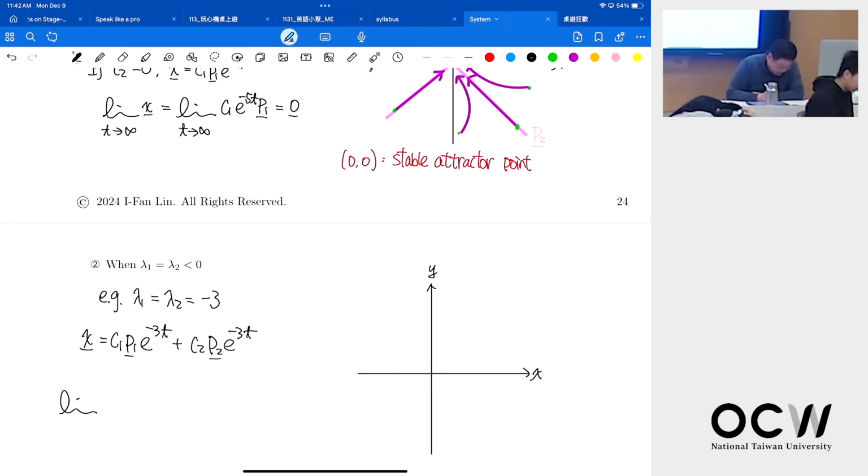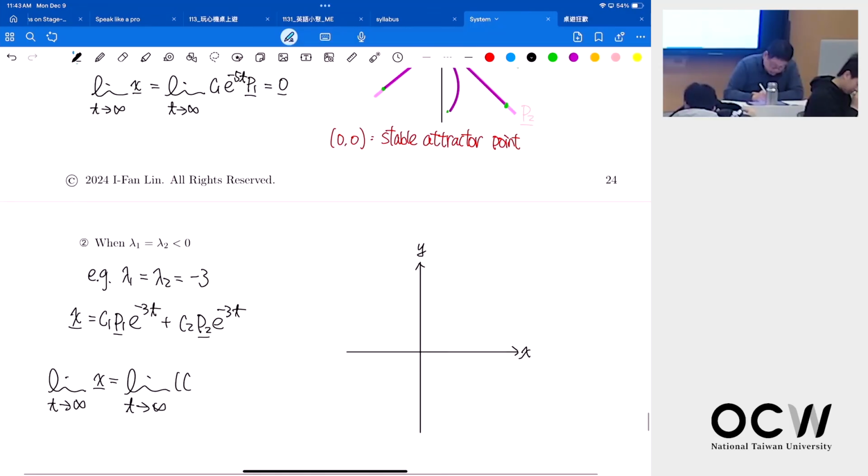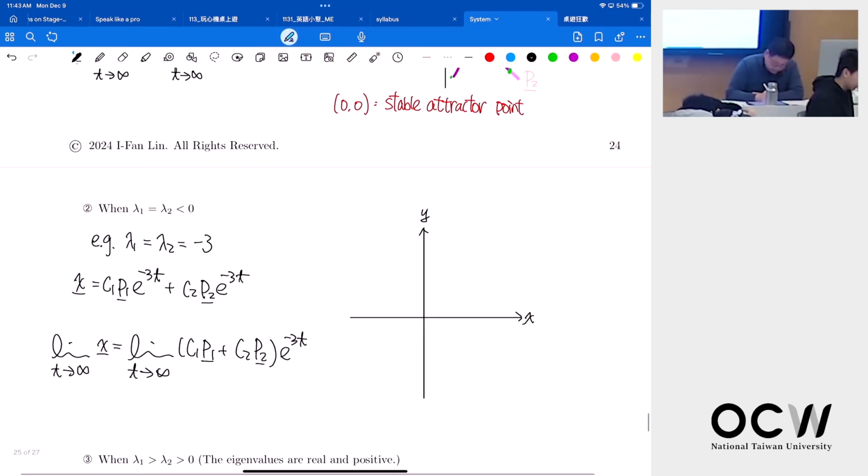And when t goes to infinity, I have c1 p1 plus c2 p2 e to the minus 3t, then that's a zero vector.